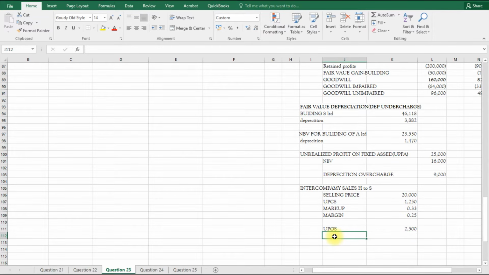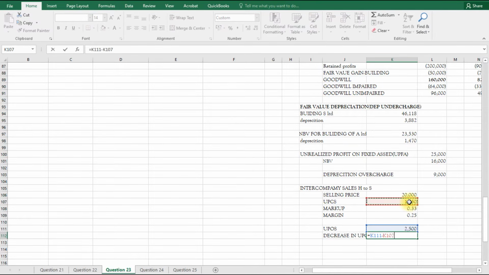Yeah, decrease in provision. That one will be a decrease in UPCS, so it has decreased, which will be an income, and we minus this. So there was a decrease of 1,250 in the value of the UPCS.